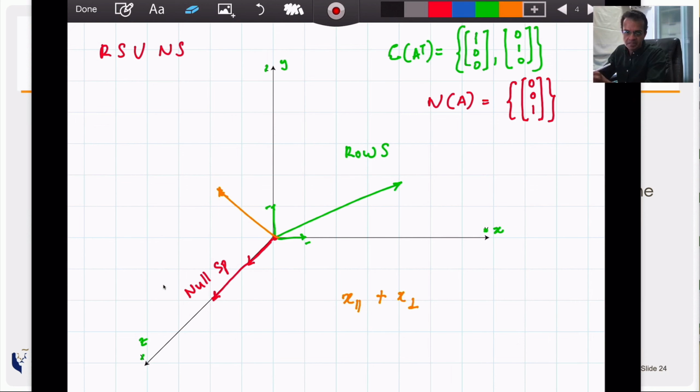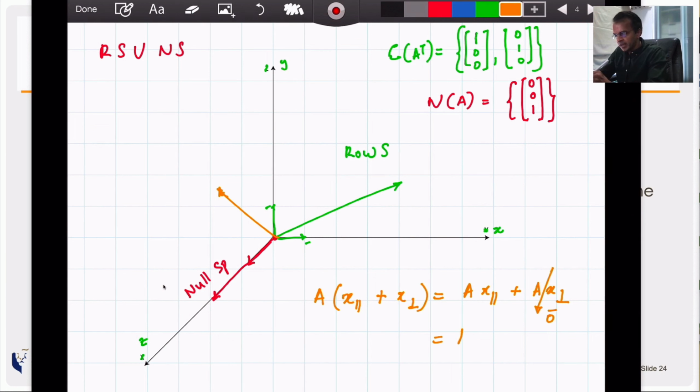And what I was saying is that if I transform this combination by A, what will happen is that this will become A x parallel plus A x perpendicular, but x perpendicular is in the null space, remember. So this guy will go into the 0 vector, and that becomes just A x parallel. So that's what I was trying to say.